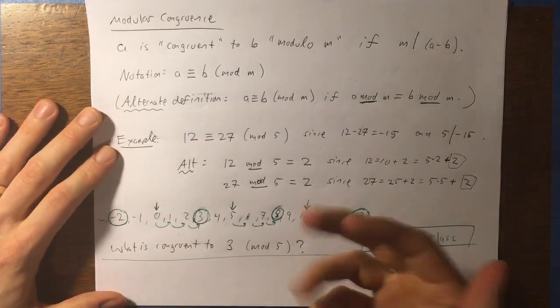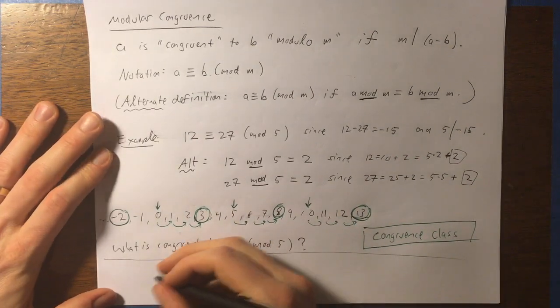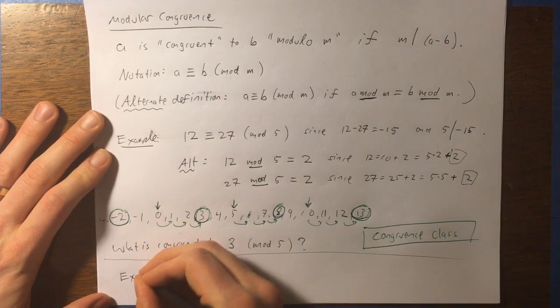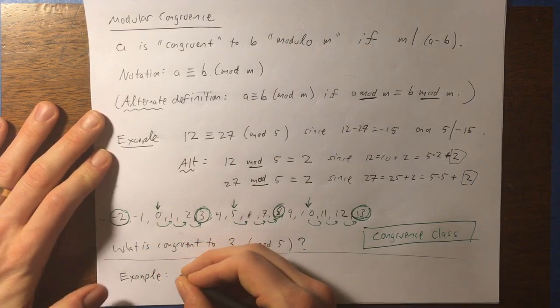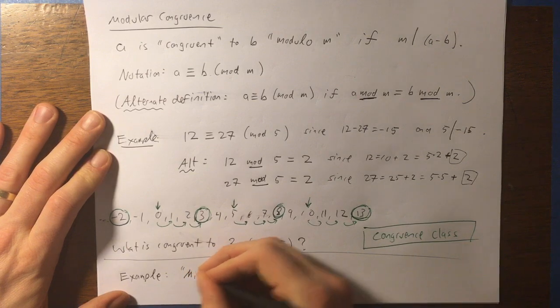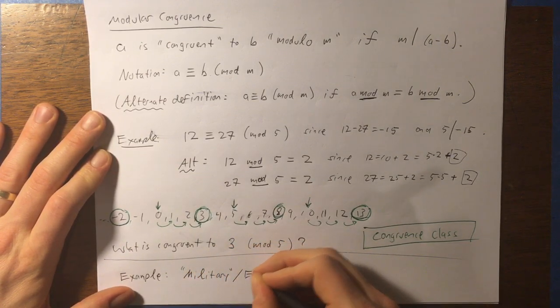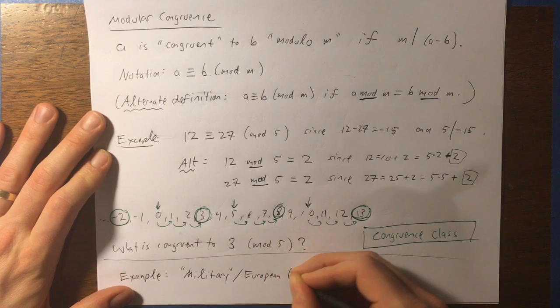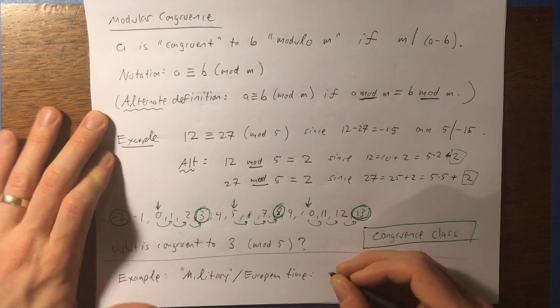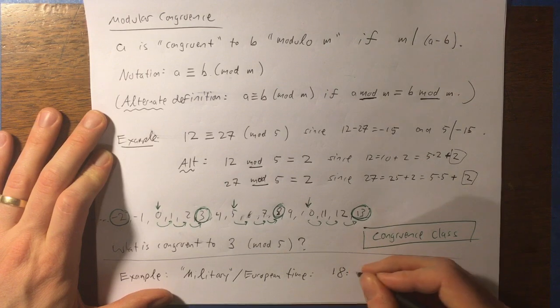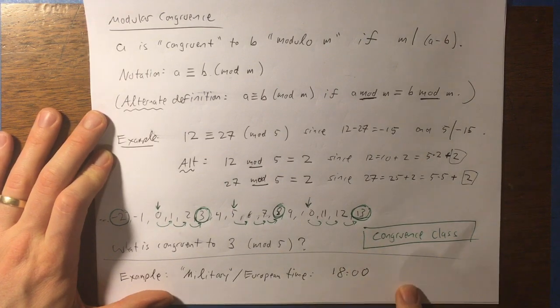I want to give one more example of this idea, not a mathy example, more of a real world example of where this congruence comes up. And that's with military time, or what you could call military or European time. In the military, they'd say 1800 hours, or 18 o'clock.